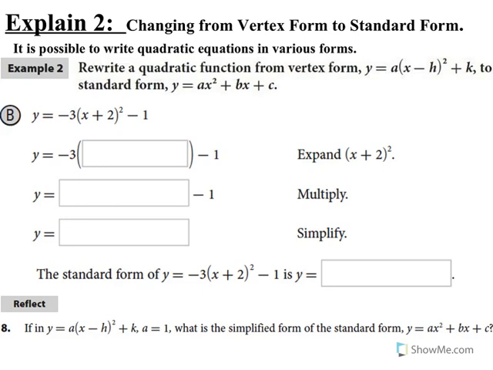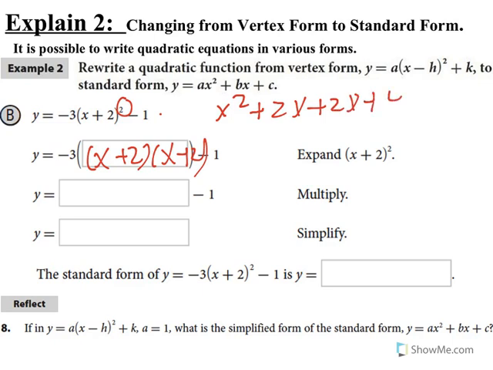Okay, so here we want to write from the vertex form to a standard form. So since this is a square, that means that we take x plus 2 times x plus 2, right? So let's work this out. So it gives us x squared plus 2x plus another 2x plus 4. So we're using FOIL, right?